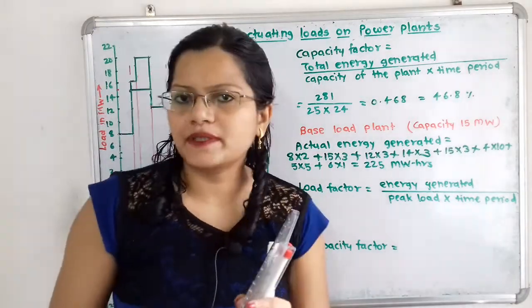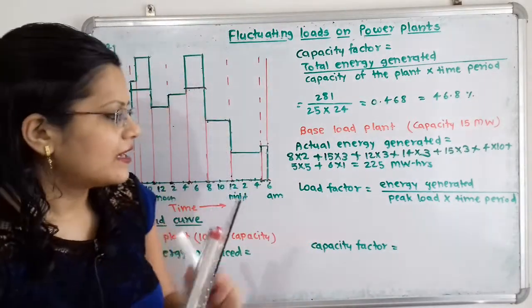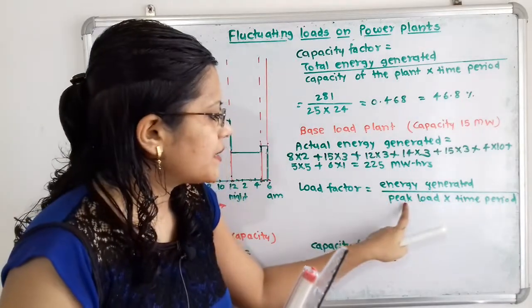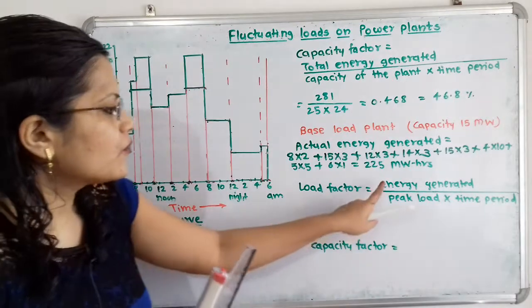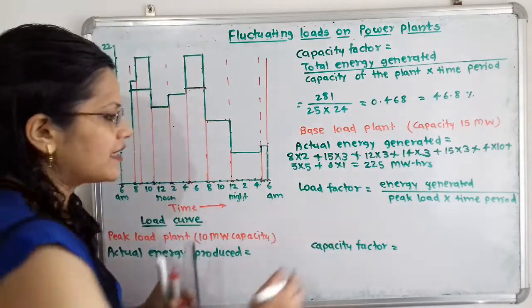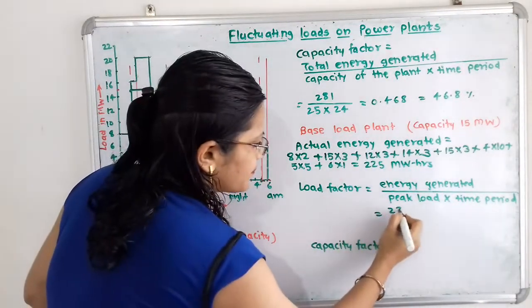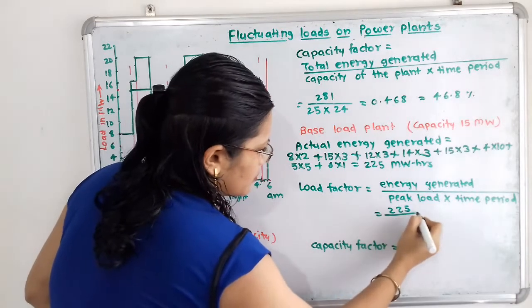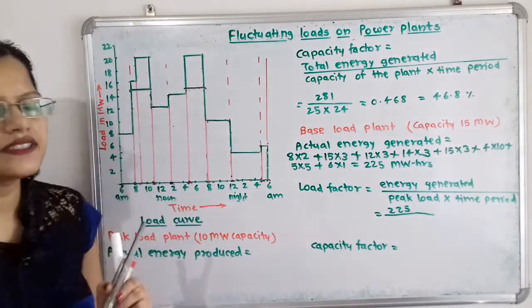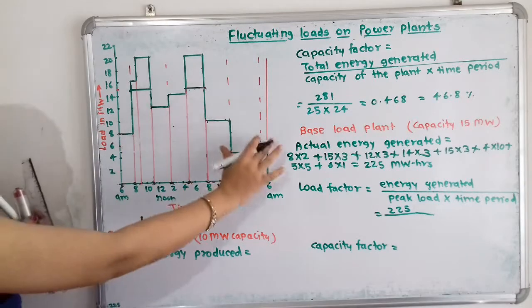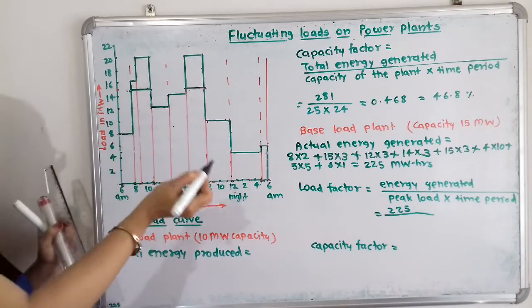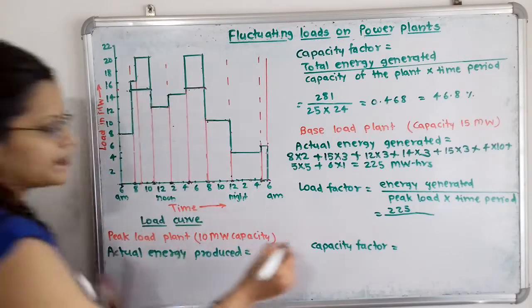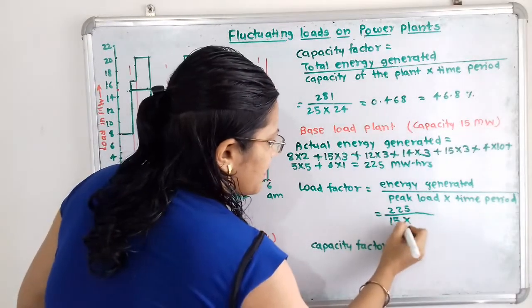So load factor means what? That is the energy generated divided by peak load into time period. Now what is this energy generated? That is 225 divided by peak load. So here how can we consider the peak load? If we observe this load curve, then this peak load is nothing but the capacity of this base load plant, that is 15, multiplied by time period.